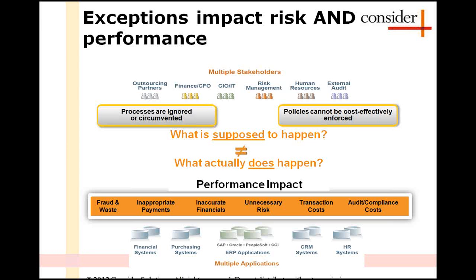And if you can get into this discussion with your finance process owners, it's an interesting discussion because they're very focused on improving performance. So if they can monitor for the risk and also improve performance, they get much more interested, and it's much easier to get the stakeholder buy-in. So it's worth thinking about.